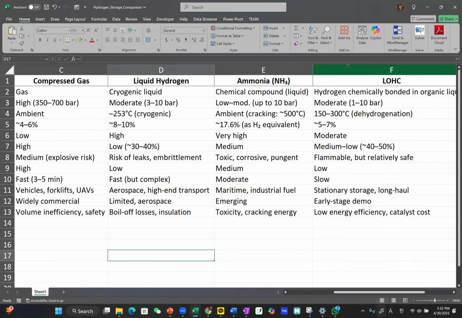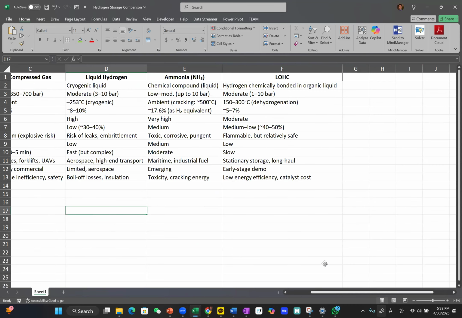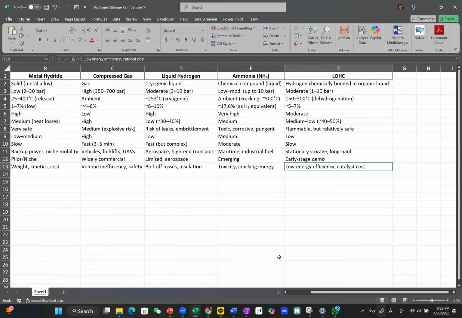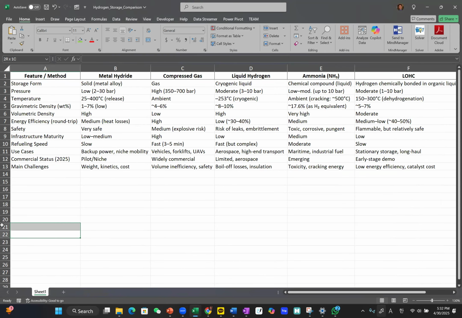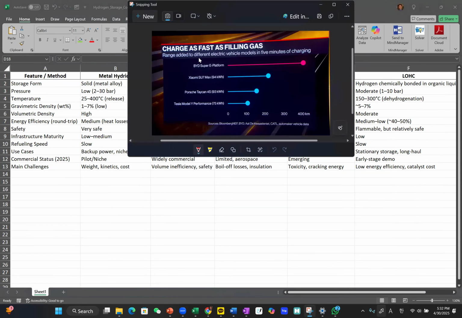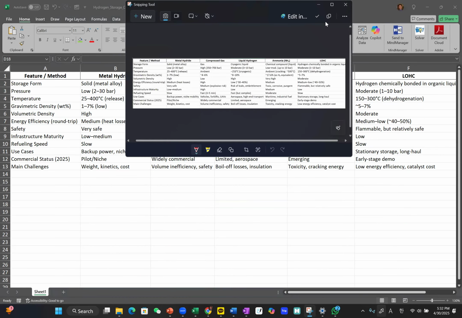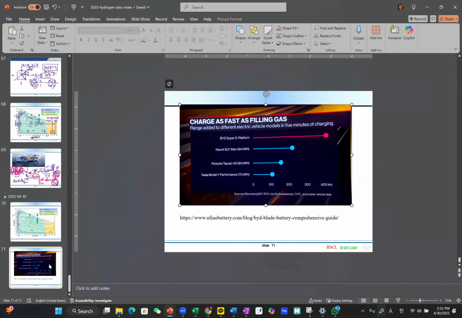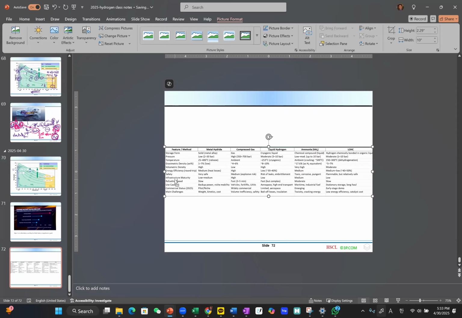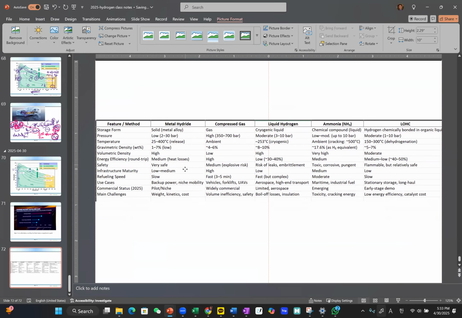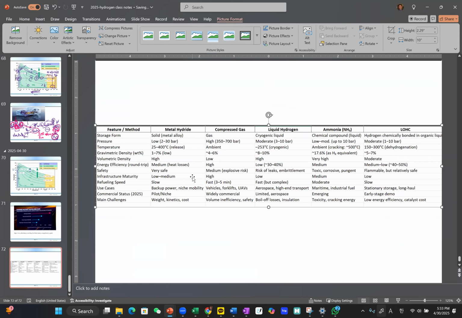Well, this is the kind of conclusion of these sections on hydrogen storage methodologies.